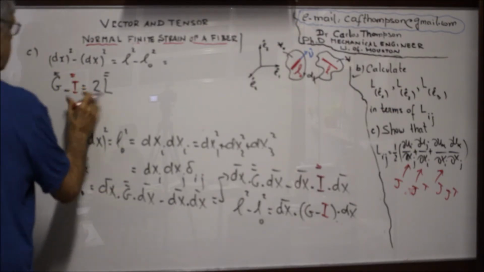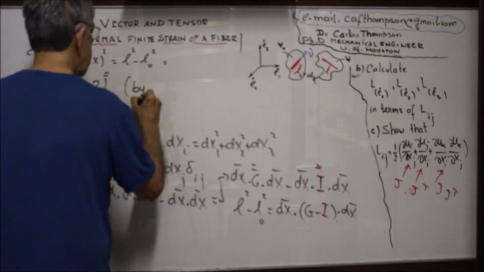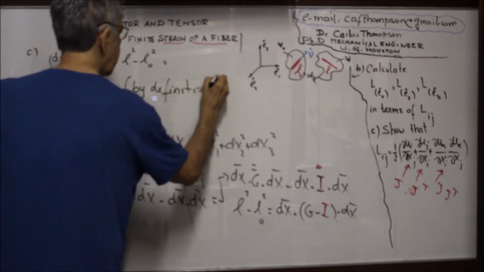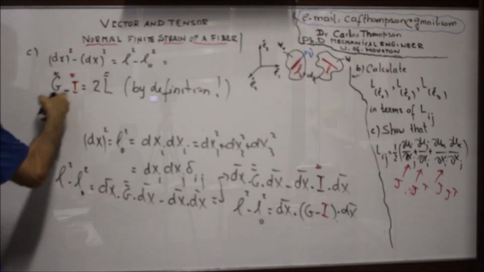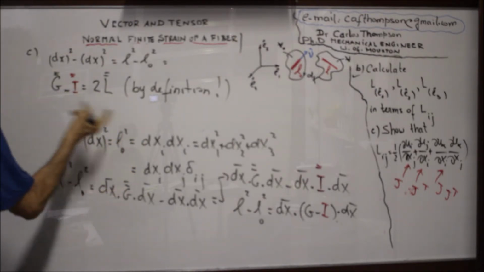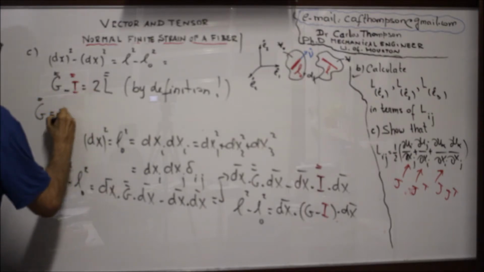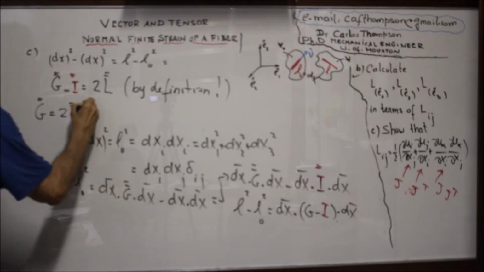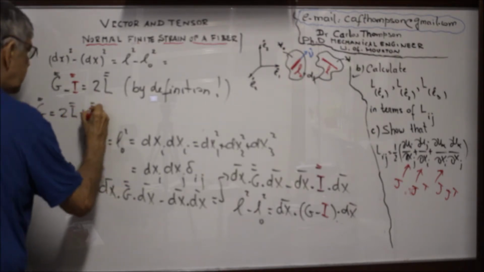By definition, you see this right here. Then L is just 1/2 of G minus I. Or you can write G is equal to 2L plus I. Plus I. That's the G.